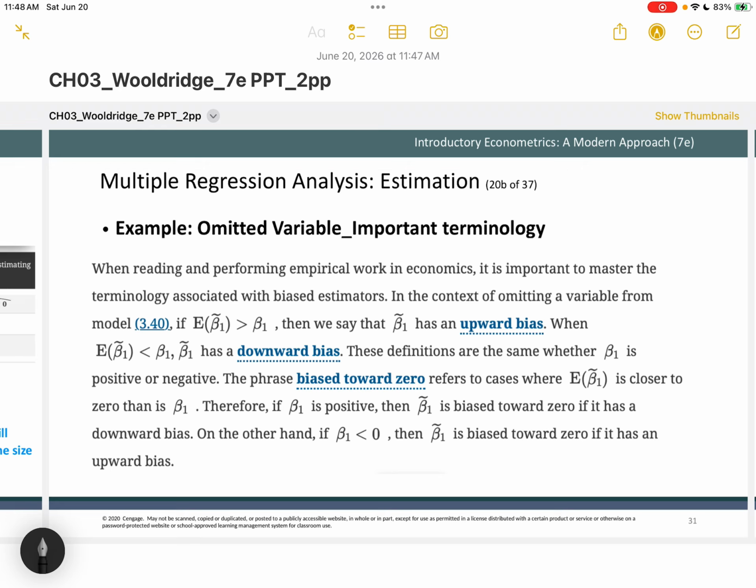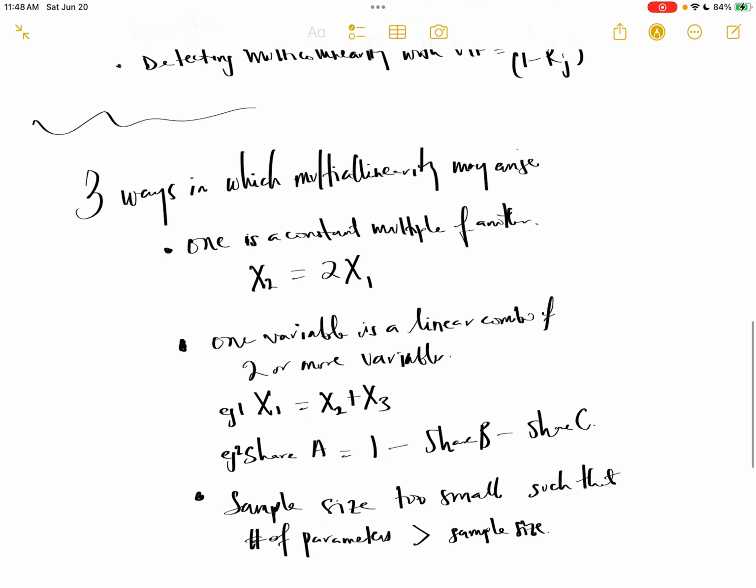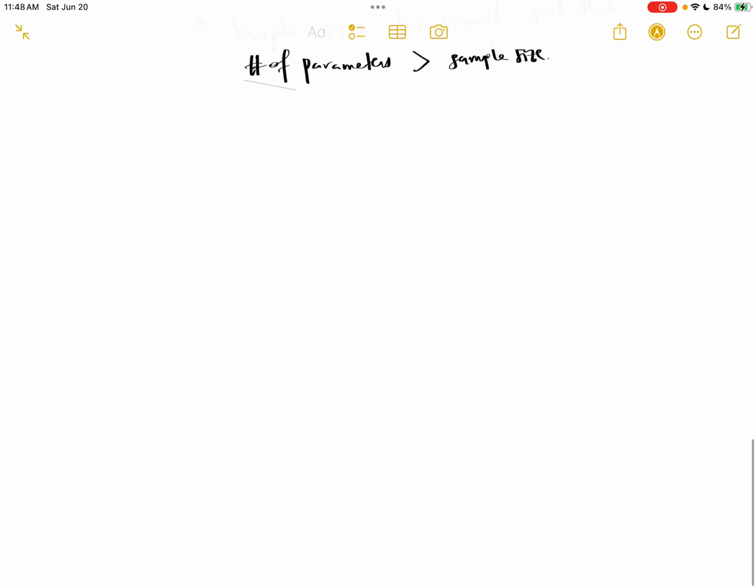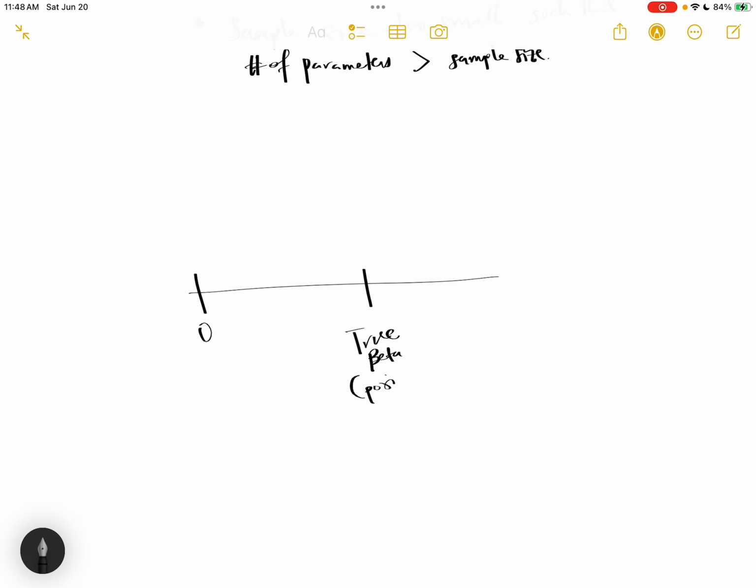And now some important terminology. What is an upward bias? What's a downward bias? What does bias towards zero mean? I typically use a number line, right? So let's say we have the true beta here, and the true beta is positive, so 0 is out here, right? So the true beta is positive.